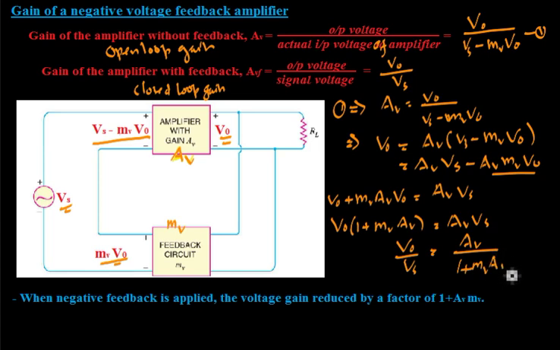MV into AV. But according to equation number 2, V0 by Vs is the closed loop gain AVF. So AVF is equal to AV divided by 1 plus MVAV. That is the closed loop gain.